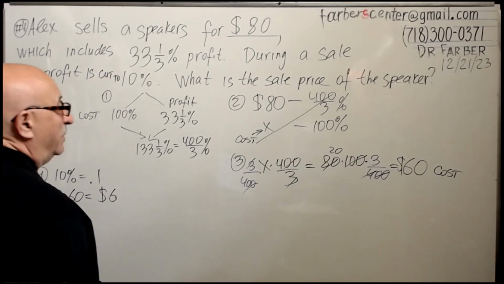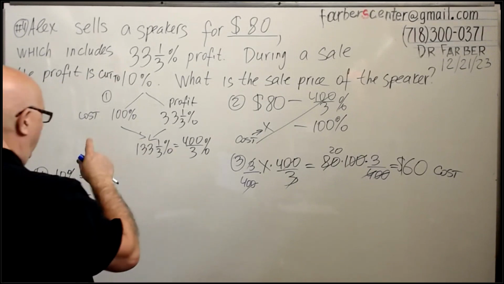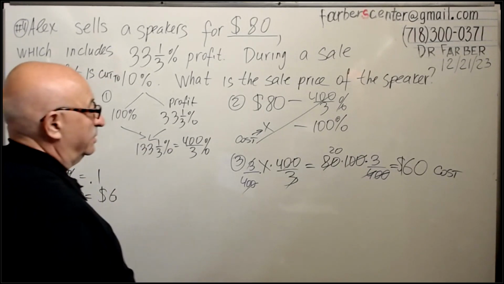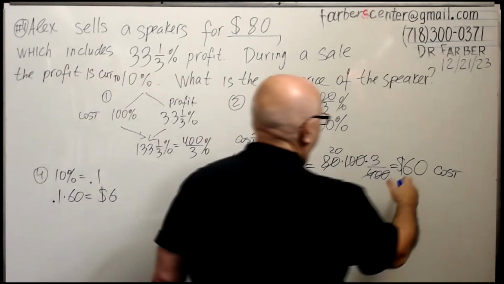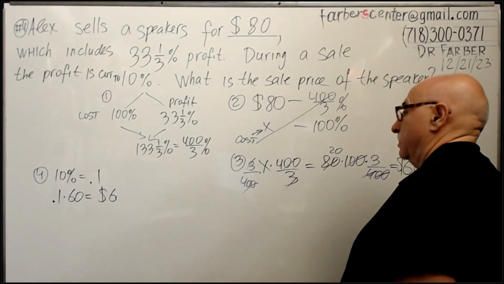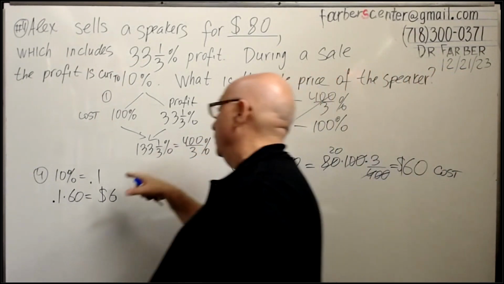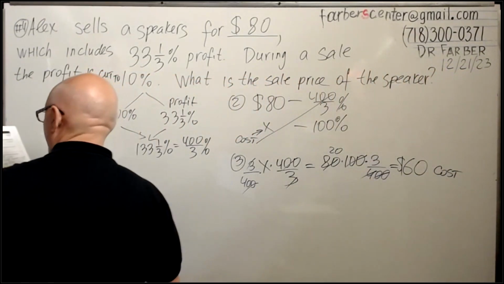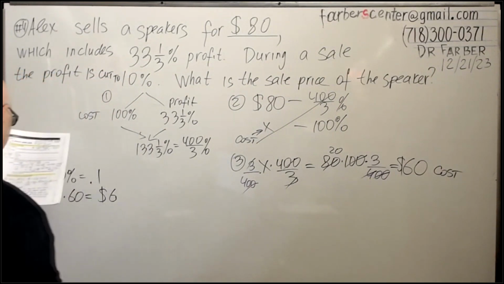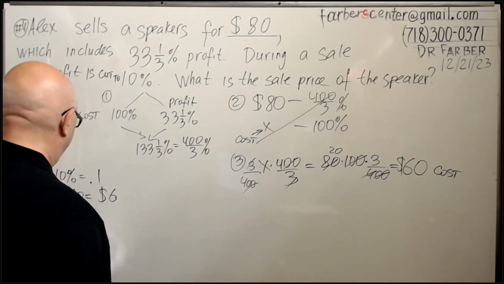And since it decreased, it becomes $6. And since his cost was, he bought it in China for $60, the profit becomes smaller. They ask you, what is the sale price for this one right now?